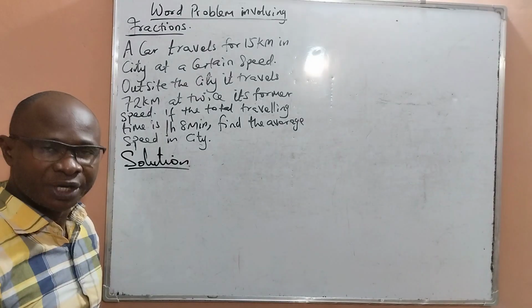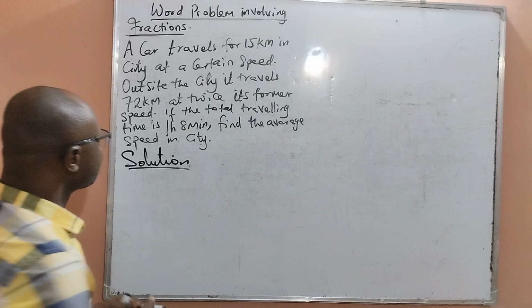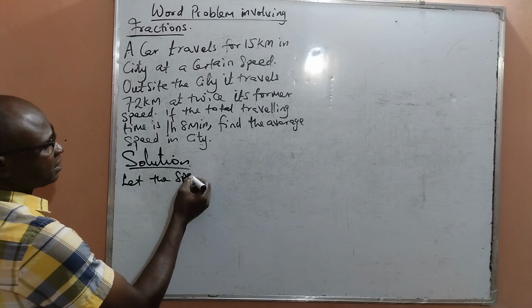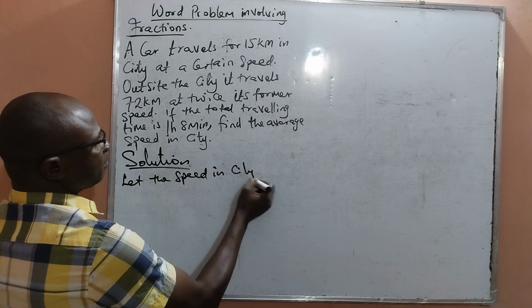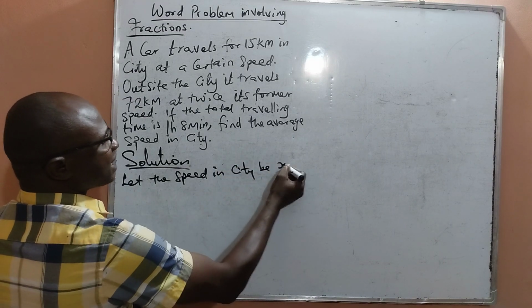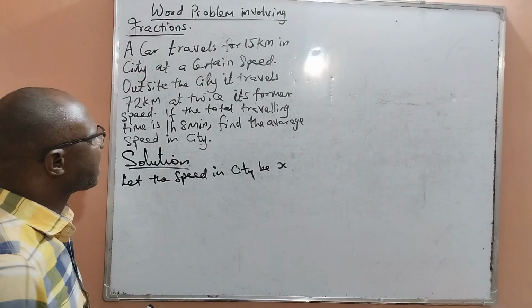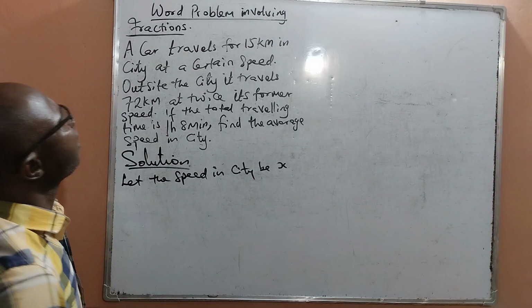So we do not know the speed that the car travels in the city. Therefore, let the speed in the city be x. We do not know the speed at which the car travels in the city, so let it be x.